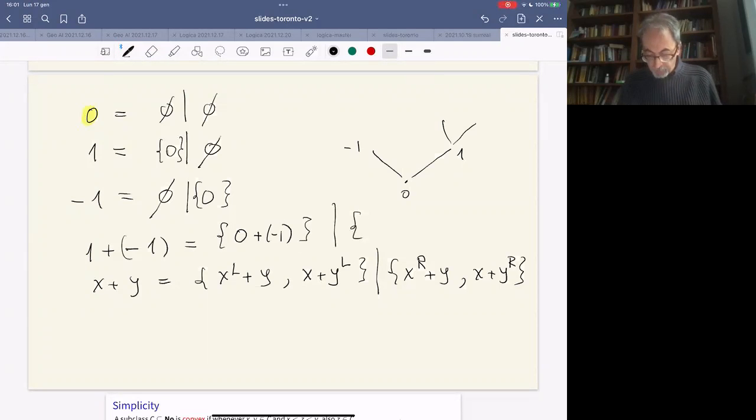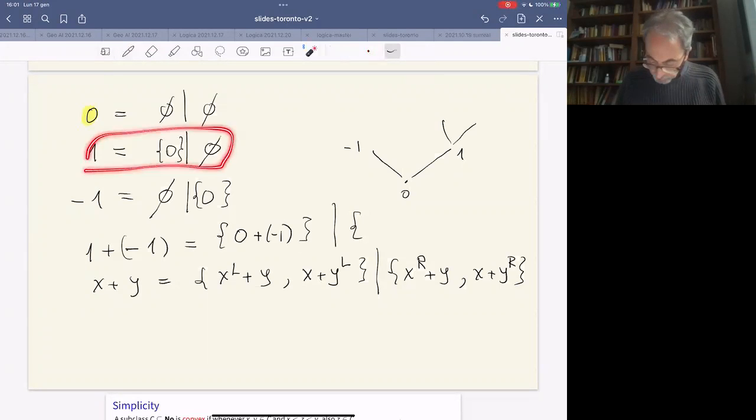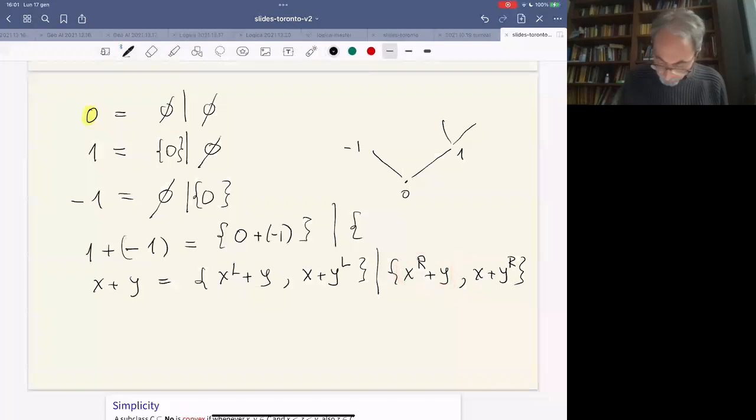And then here you have xr, right option of x, nothing. There is no right option of x in this representation. So this term disappears. And then here you have x, which is 1, plus right option of y, which is 0.